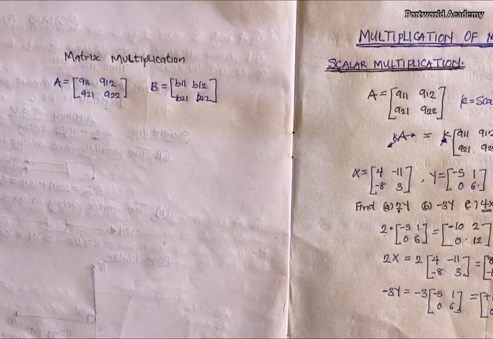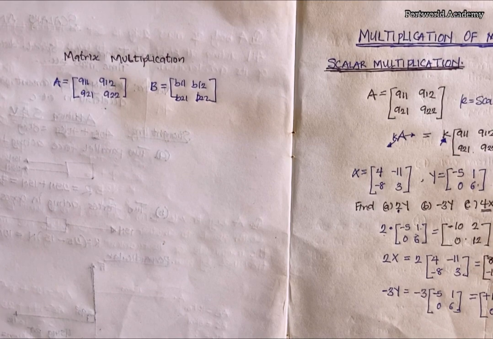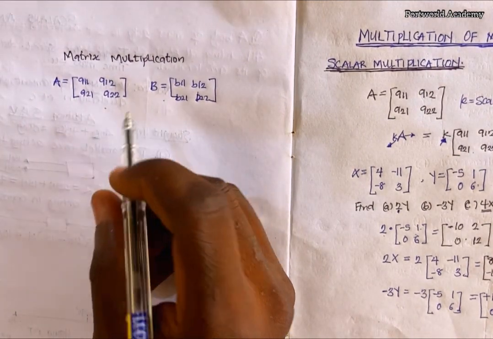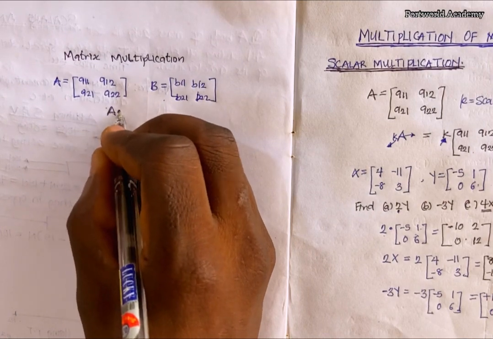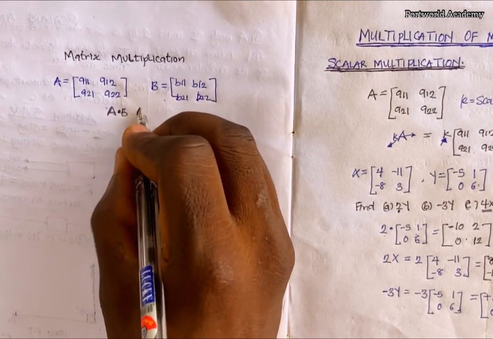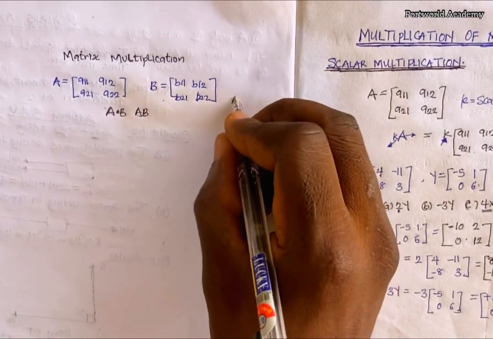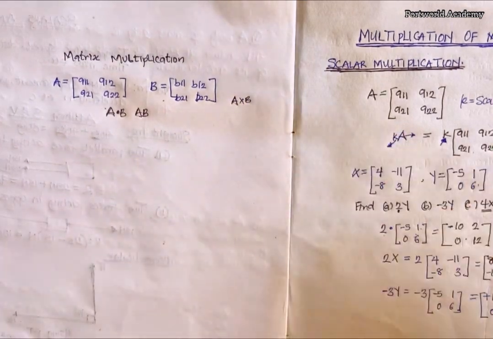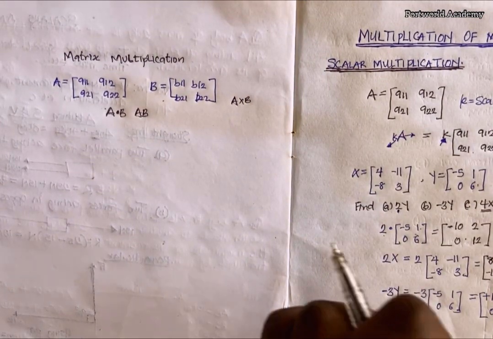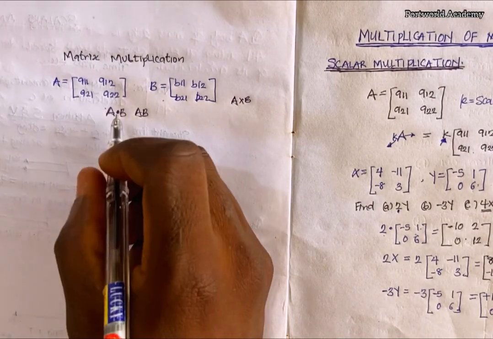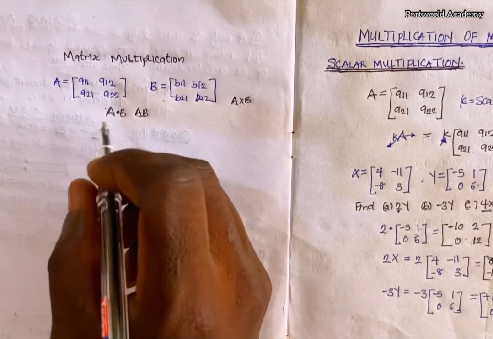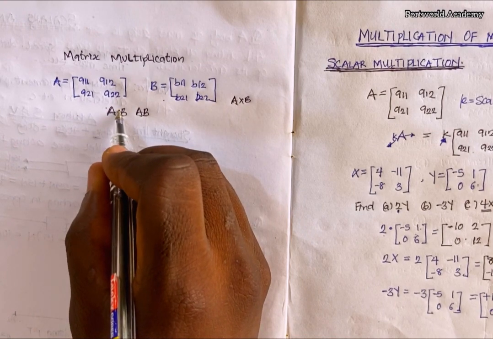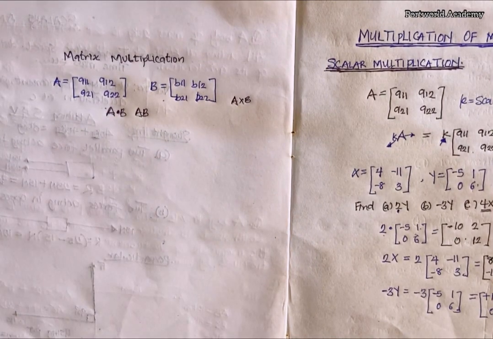Matrix multiplication simply means the product of these two matrices, which you can represent as A.B, or you call it AB. But whenever you have A cross B, it represents the vector multiplication. So A.B represents the magnitude, or you simply say the scalar, as far as vector and scalar quantity is concerned.